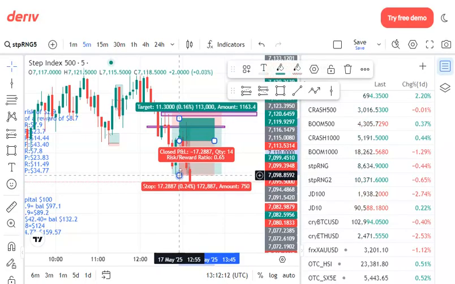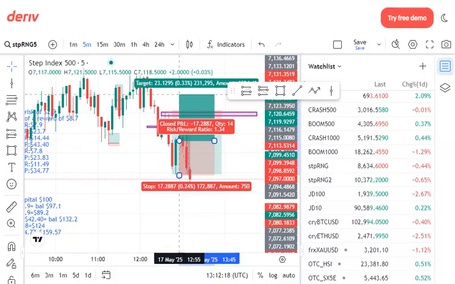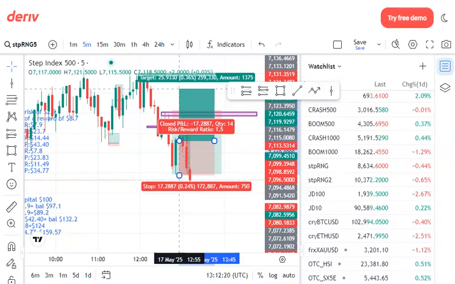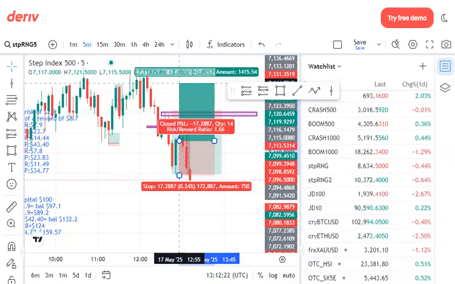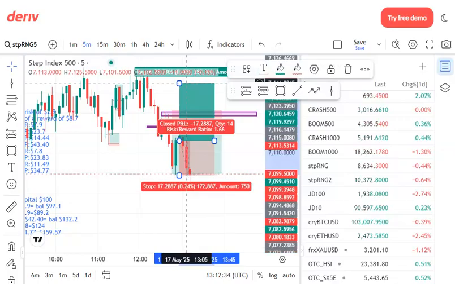We bought and we lost 22. It was supposed to be $17, but we can see the broker took $22 away. 17, 18, 19, 20, 21, 22. That was $5 in charges the broker took from us.